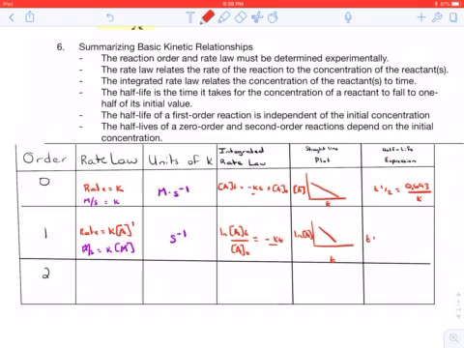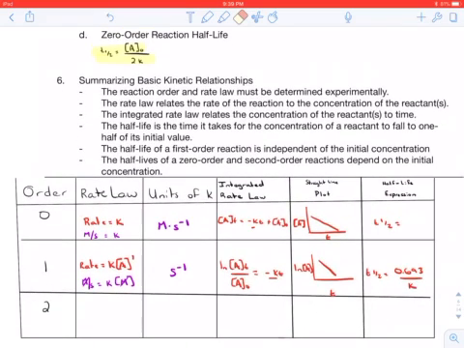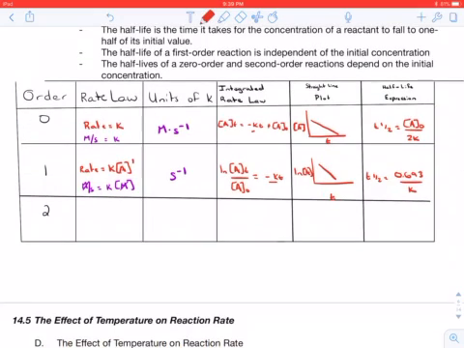This T1/2 should be this guy here, 0.693 over K, because that's our first order. And for our zero order, it is a tiny bit dependent. There it is. A sub 0 over 2K.